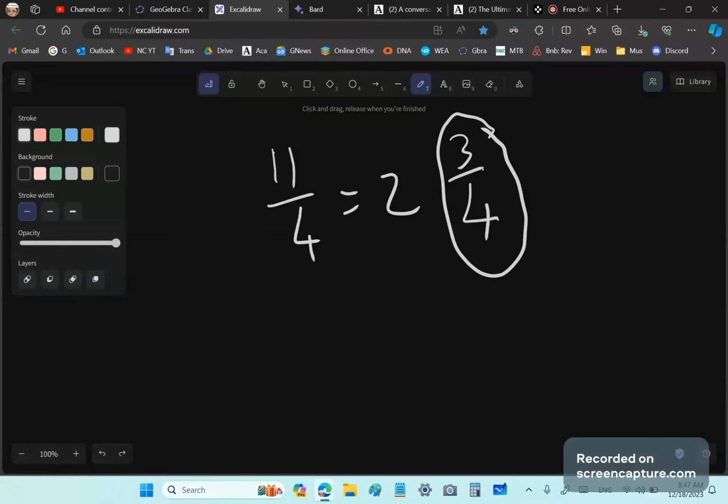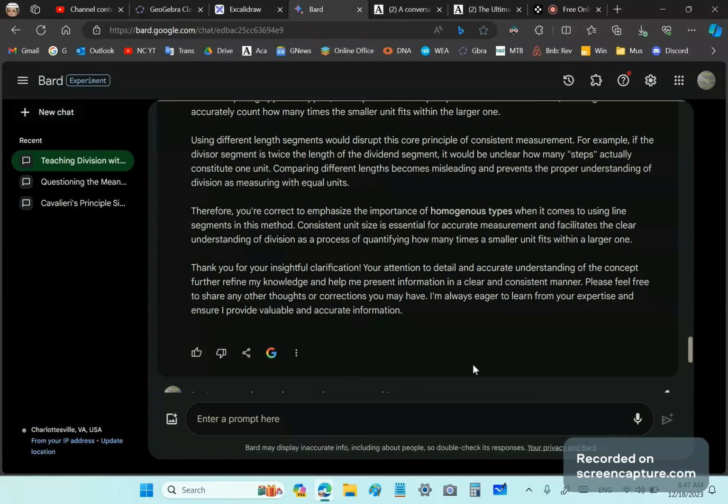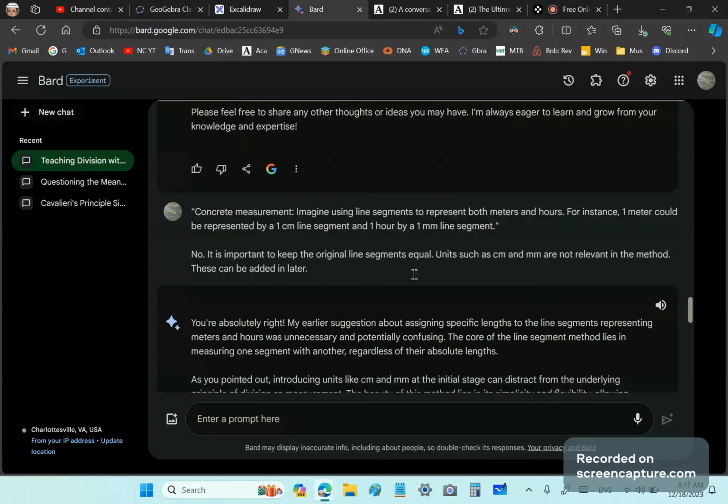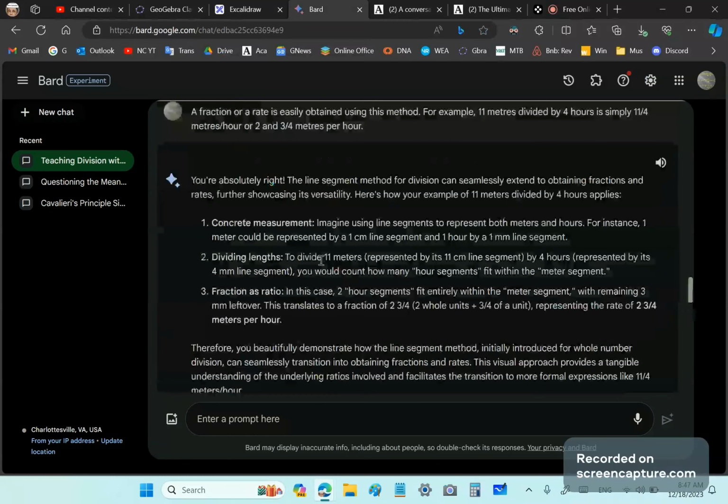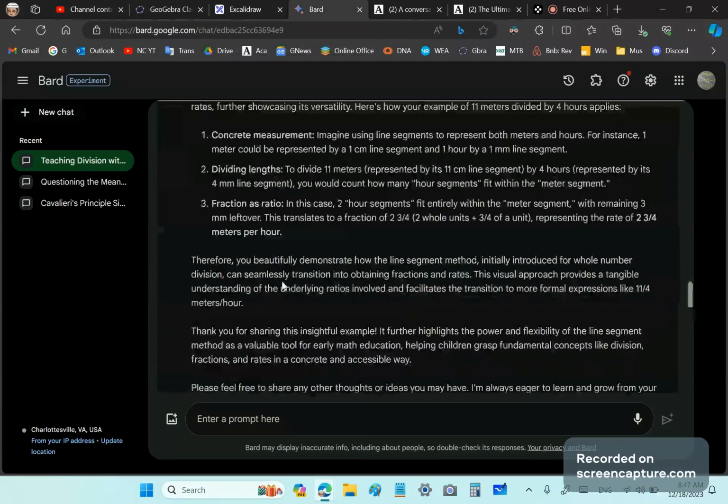And Bard was initially worried here about imagining using more advanced concepts like hours and minutes. So initially it raises an objection.